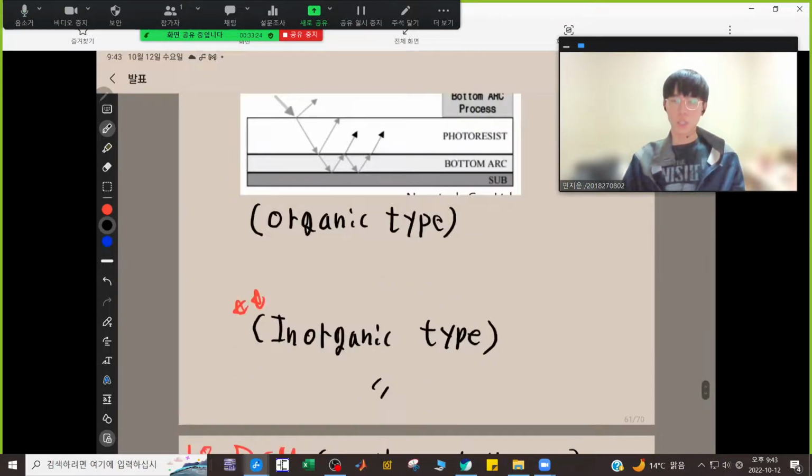This type has good edge selectivity and also good anti-reflection and other properties. But this type is expensive, difficult to make, and has the disadvantage of long making time.